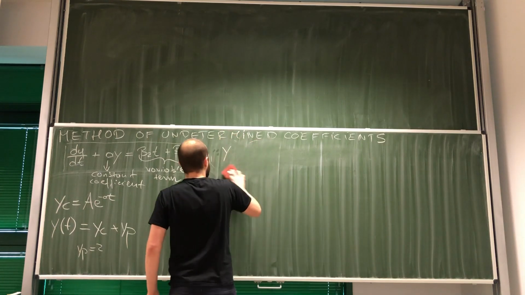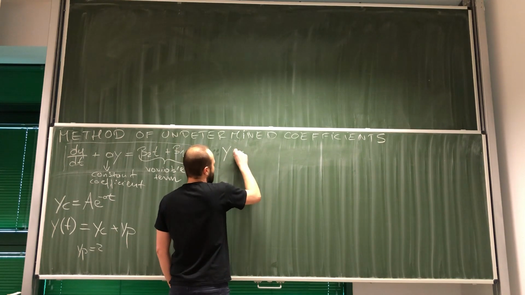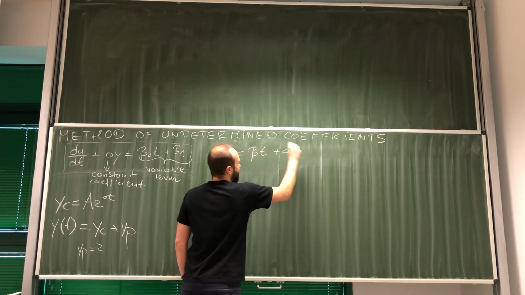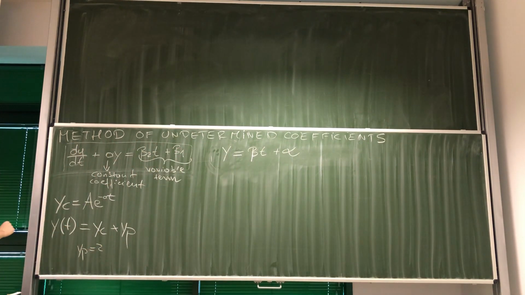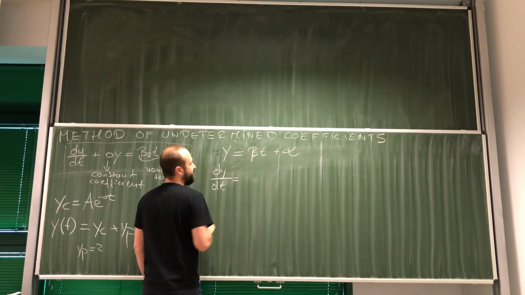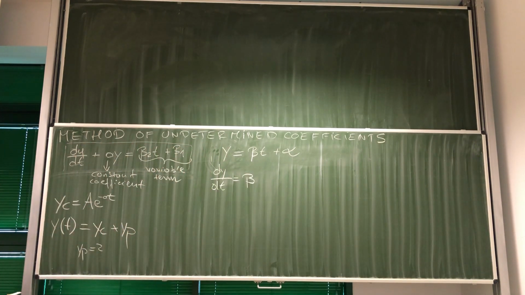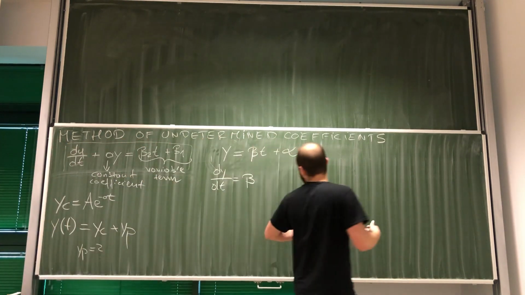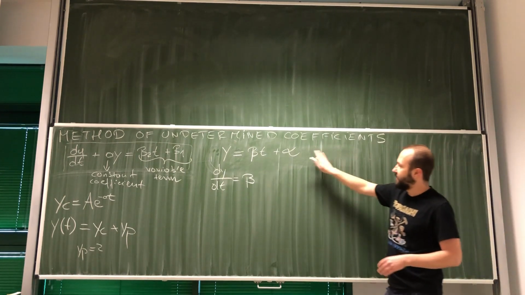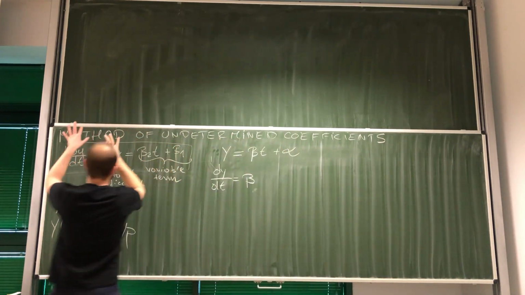Okay, so look, now I can simply assume that y is going to be beta t plus alpha. And right away we get from this that dy/dt must be equal to beta. Now, what have we assumed over here? That this is the full function, and this is its derivative. So why not now substitute this over here?